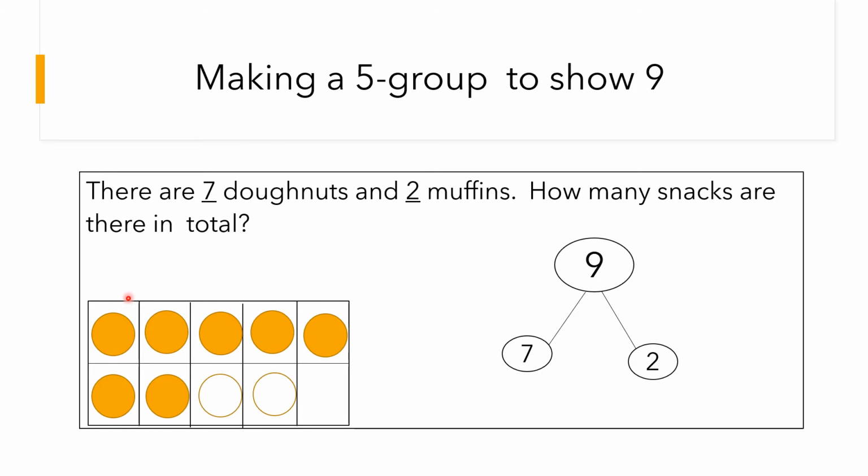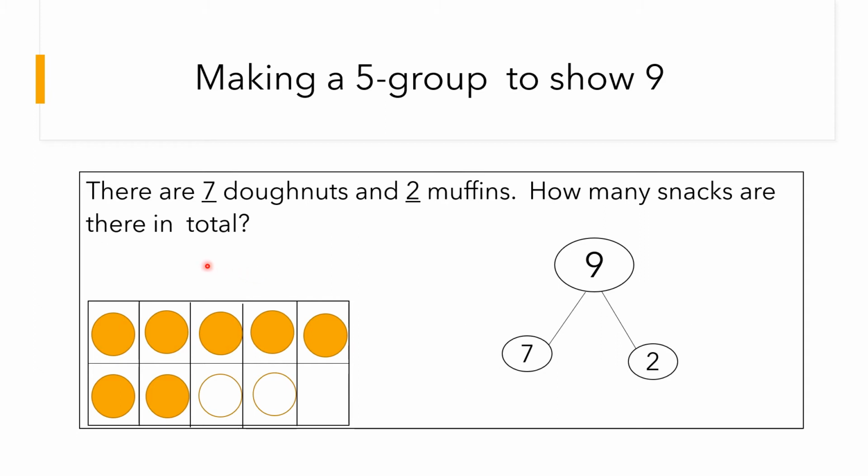Let's see. 1, 2, 3, 4, 5 donuts. Uh-oh. Am I going to keep on going across? No, I'm not. I'm going to keep it a 5 group. 5 at top and some more at the bottom. 6, 7. 7 donuts and 2 muffins.